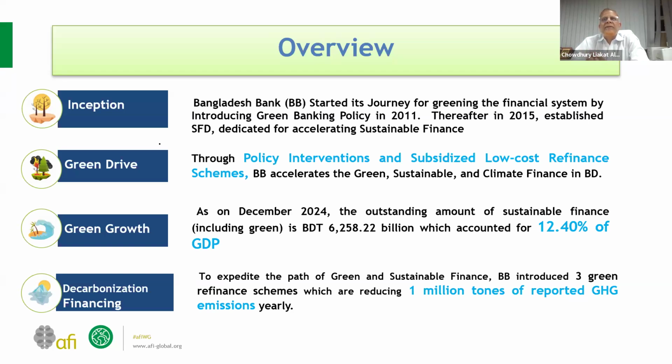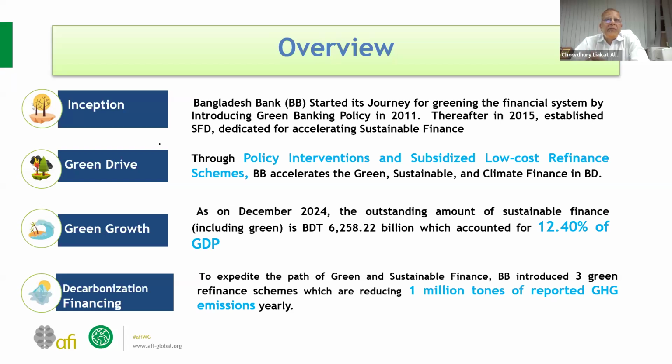After implementing our sustainable finance policy, as of December 2024, the total outstanding sustainable finance in our industry is around 6,258.2 billion local currency, which accounts for 12.40% of the GDP. This is an excellent and remarkable achievement for our economy.